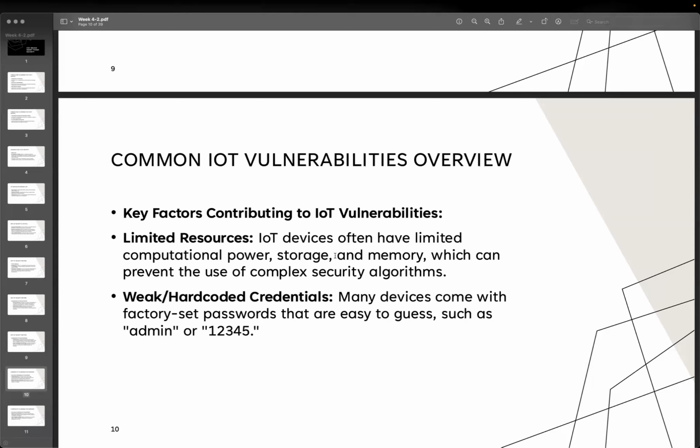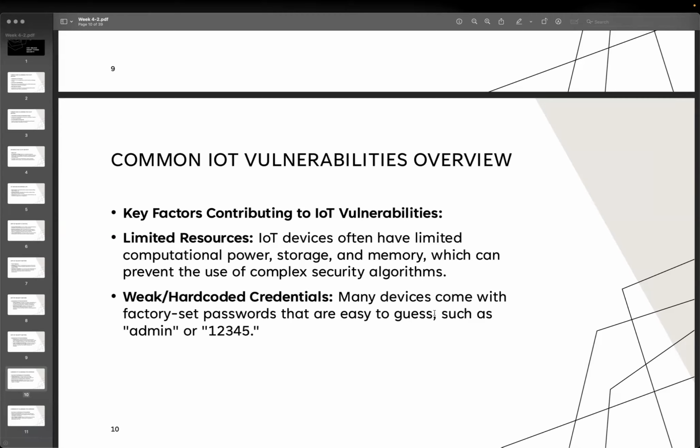Even a newer one is slightly better, but now the industry's products are getting more powerful, though compared with the required level, they're not yet able to meet it. And also there are some weak or hardcoded credentials.